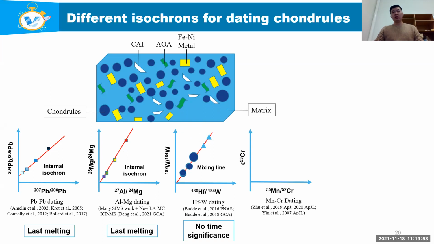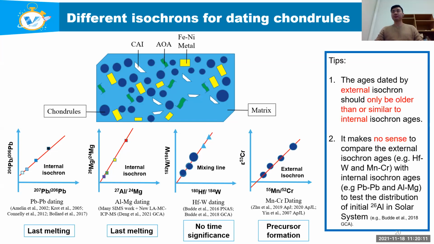And finally is our manganese-chromium dating, where we dated several chondrules. This is an external isochron, and should date the chondrule precursor formation and the volatile events for the chondrule precursors.